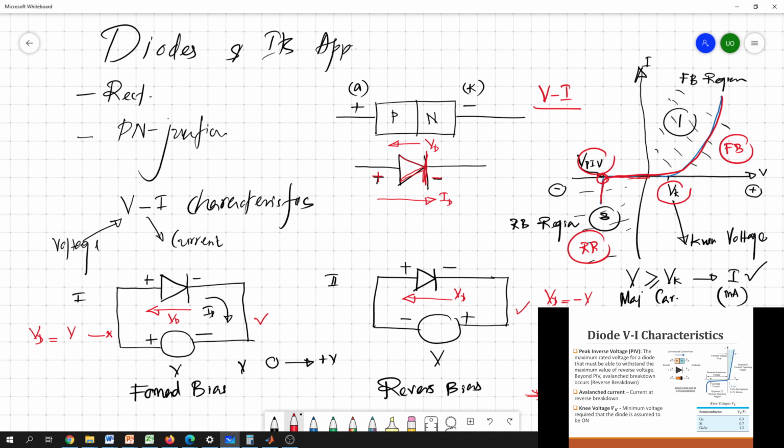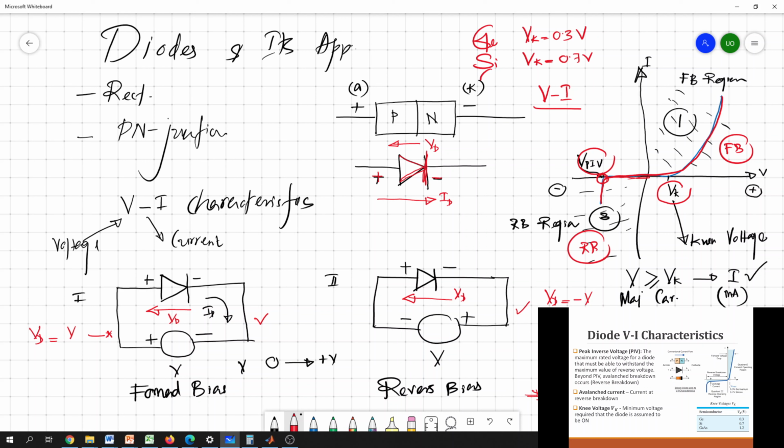You can also identify this by material. For a germanium type of rectifier diode, Vk would be about 0.3 volt, and for a silicon type of diode, Vk is equal to 0.7 volt.